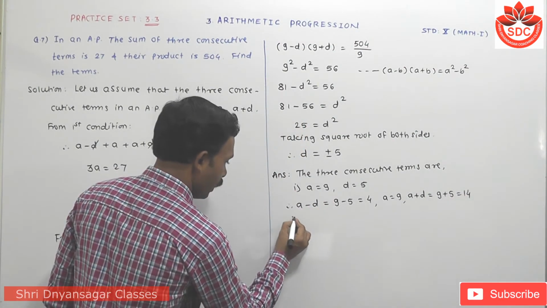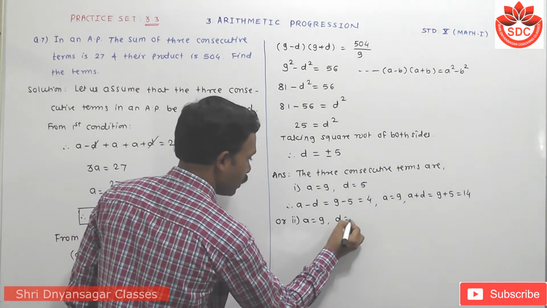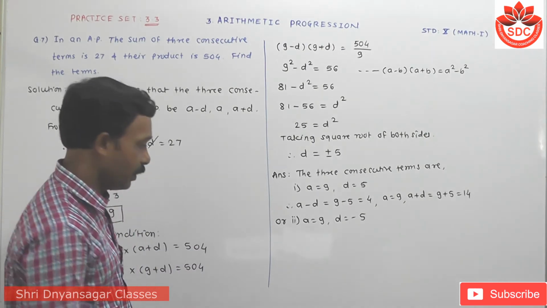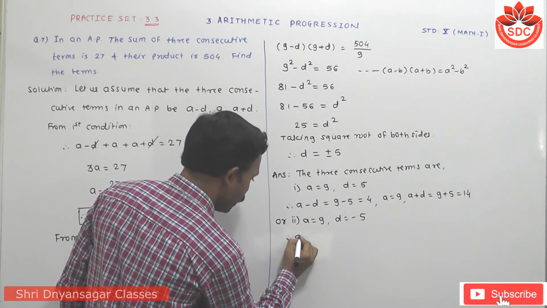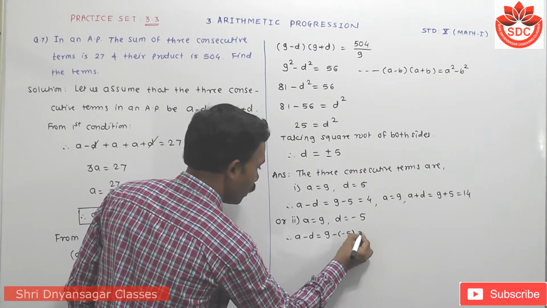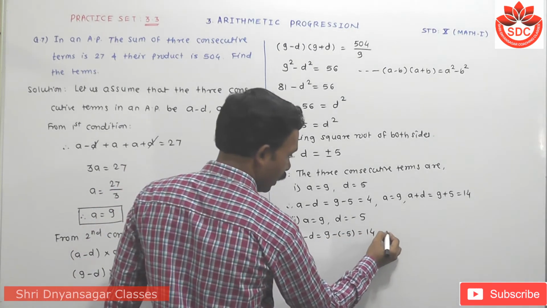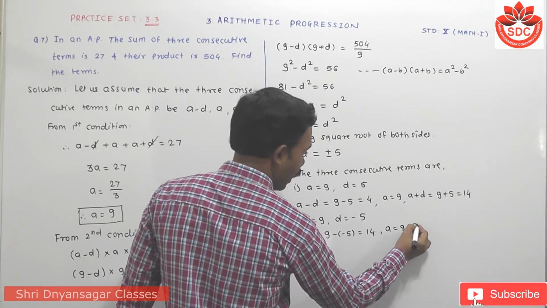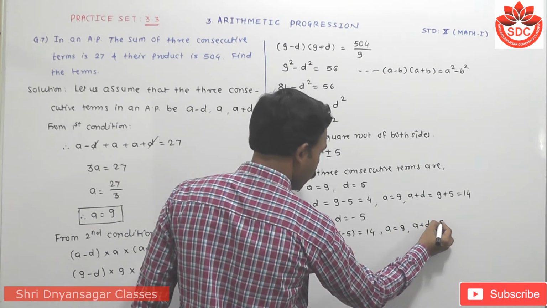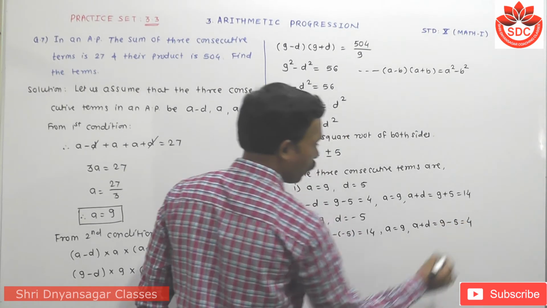Or if we take a is equal to 9 and d is equal to minus 5, then the numbers are a minus d is equal to 9 minus minus 5 is equal to 9 plus 5 becomes how much? 14. Then a is equal to 9 and a plus d is equal to 9 plus minus 5 is equal to how much? 4.